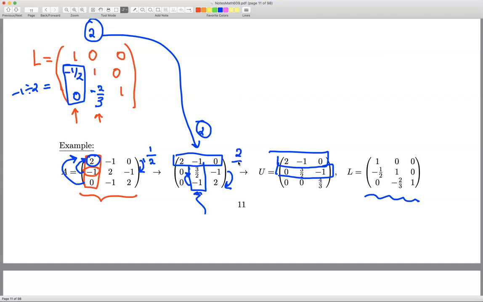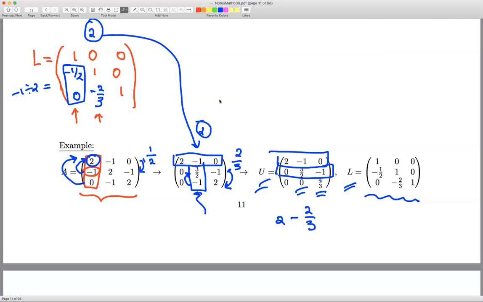So I multiply by 2 over 3. And when I add, I know that I will end up here with 0. So I have 2 plus minus 1 times 2 over 3, which is 2 minus 2 over 3, which will give me 4 over 3. So I ended up with finding the matrix U and also finding the matrix L.